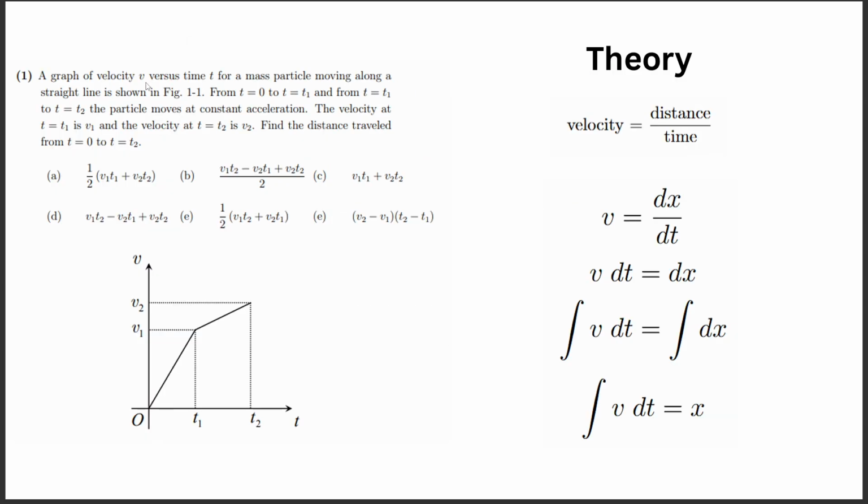So the theory is that we know that velocity is defined to be the distance over time. So for instantaneous velocity, it's the small distance dx over the small time dt, and we can move this to the left side, so we get v dt equals dx.